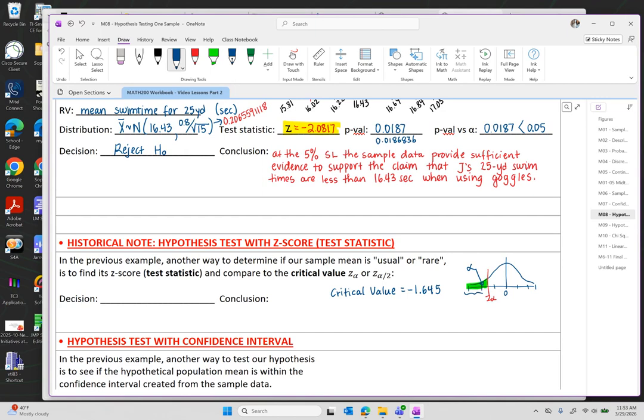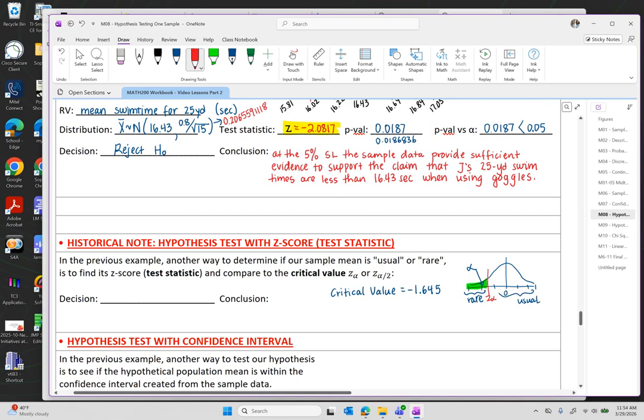The rare standard scores will be below negative 1.645, or in the ones that do not alarm us, do not indicate something unusual. So these will be the usual events. Anything greater than negative 1.645 is close enough to the mean or to not be able to support our alternative hypothesis, but anything that is unusual or rare will support the alternative hypothesis.